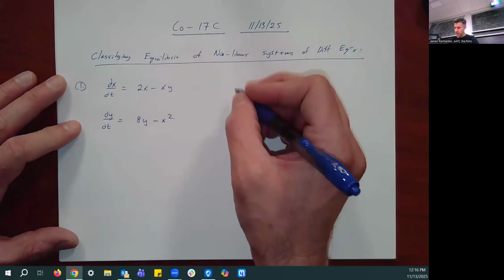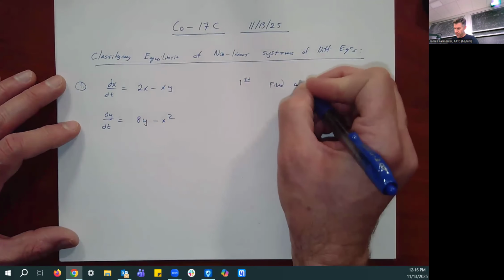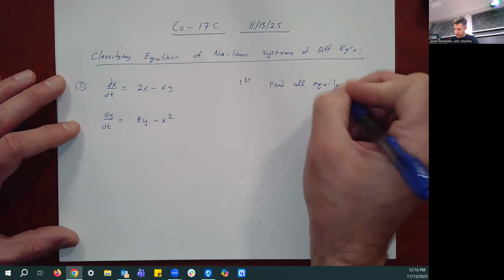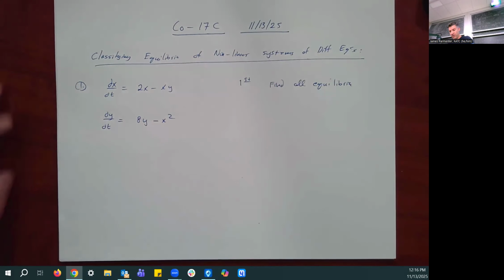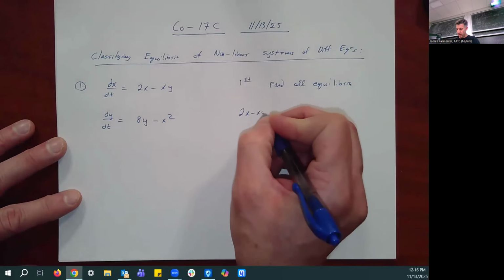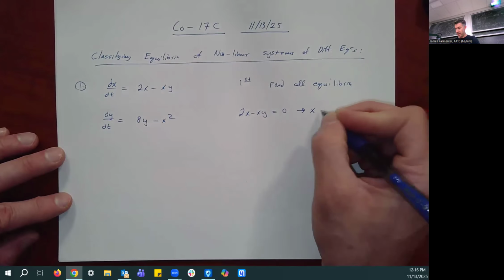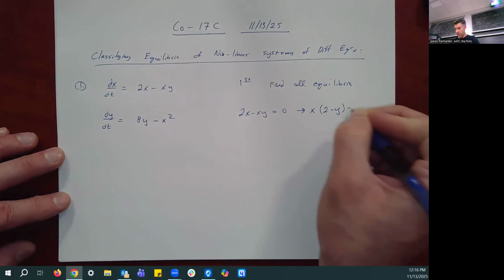So, first step, let's find all the equilibria. I would start by setting each equation equal to zero, and then deal with the one that looks easier. The first equation looks easier to derive something from. Taking 2x minus xy and setting it equal to zero, I factor out an x: x times (2 minus y) equals zero.